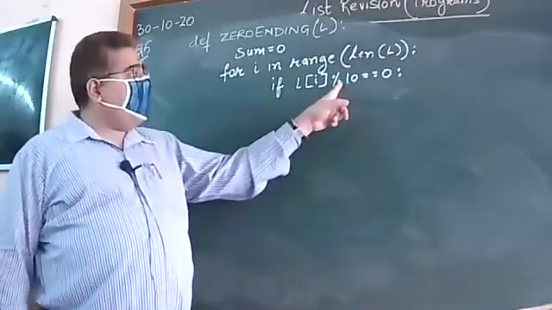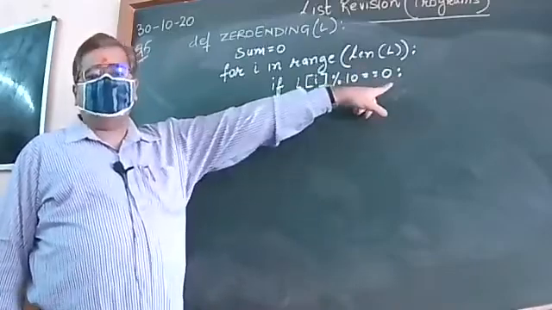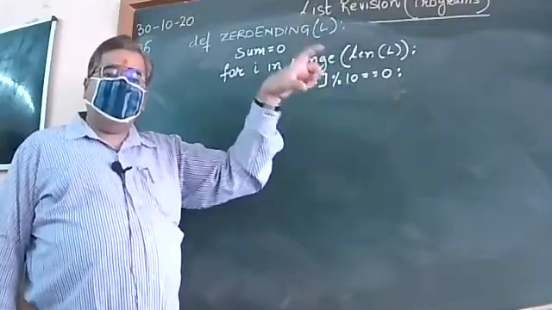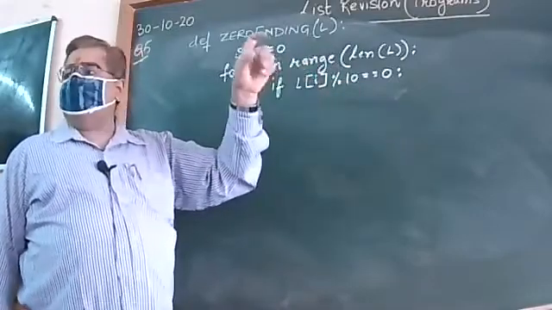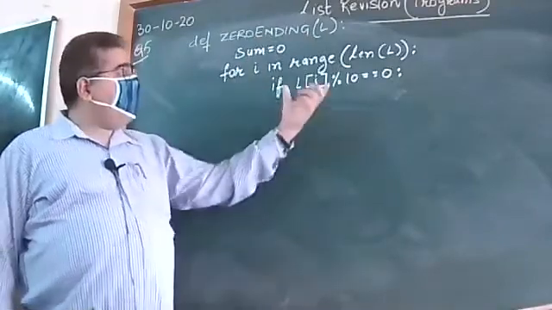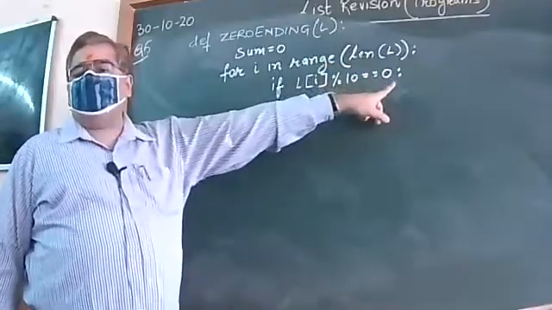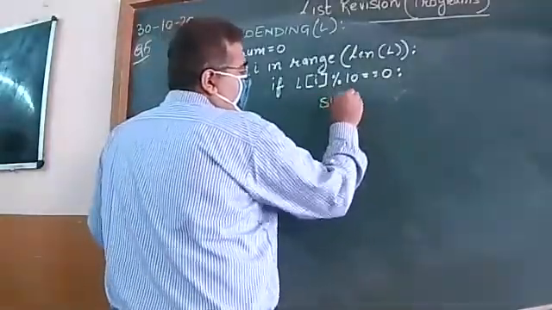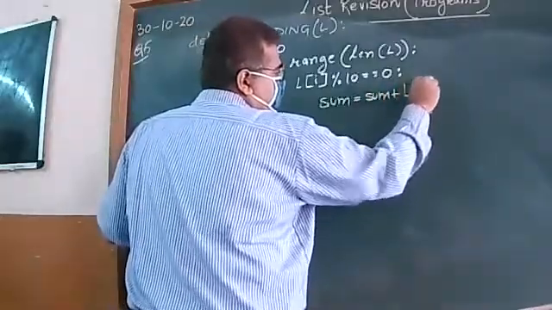And if my last digit by this expression is equal to 0, so what I will do, I will find the sum of those elements.